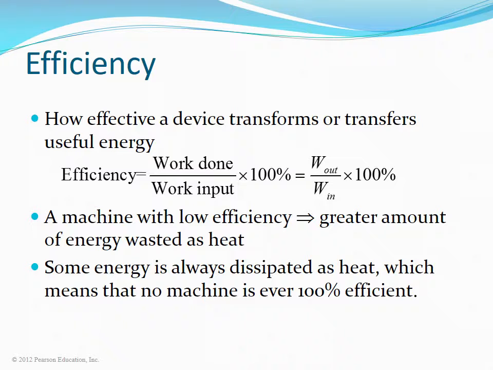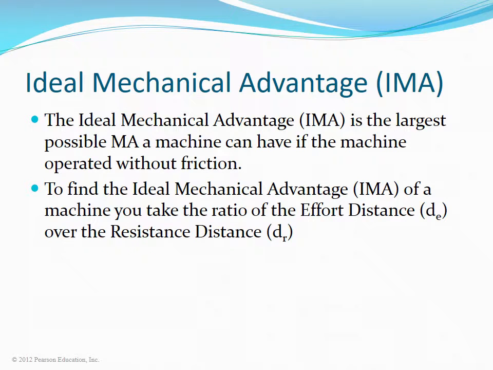Some energy is always dissipated as heat, which means that no machine is ever 100% efficient. The ideal mechanical advantage is the largest possible mechanical advantage a machine can have if the machine operated without friction. To find the ideal mechanical advantage of a machine, you take the ratio of the effort distance over the resistance distance.